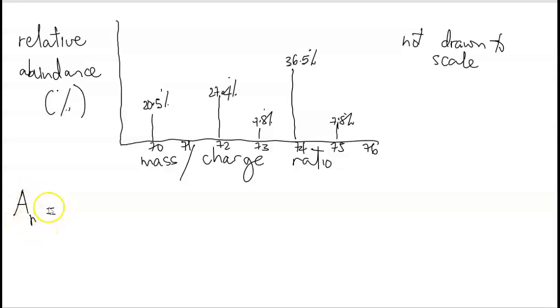Basically what we are doing is we are multiplying the mass of each isotope by its relative abundance. So that's the first step.